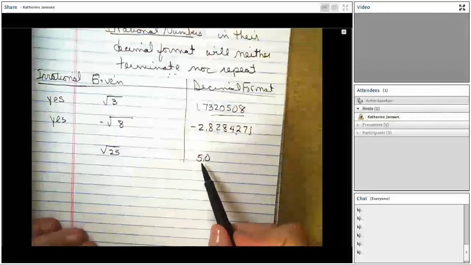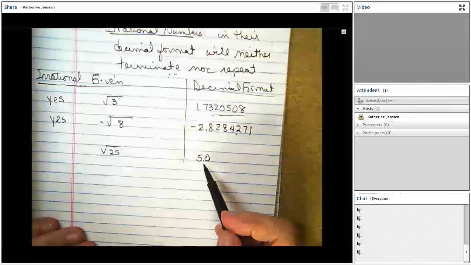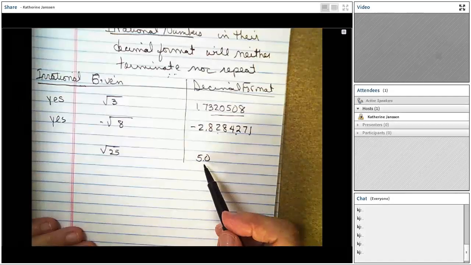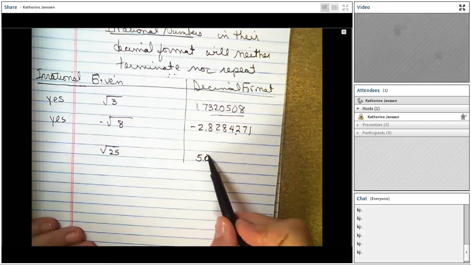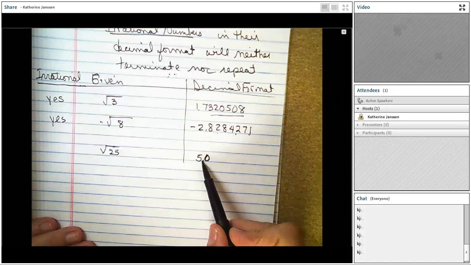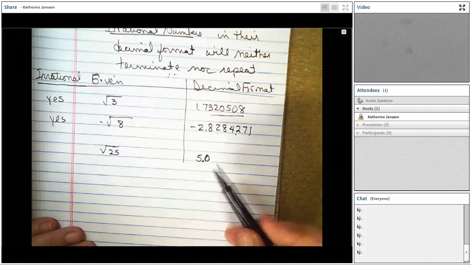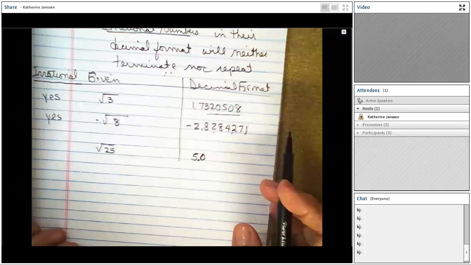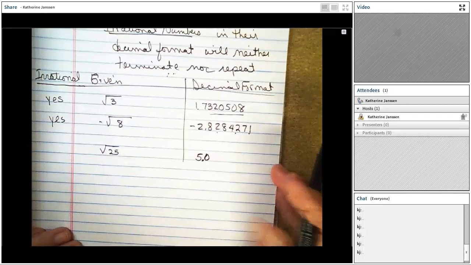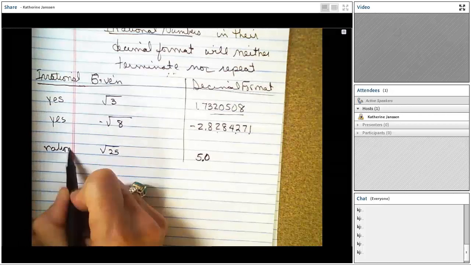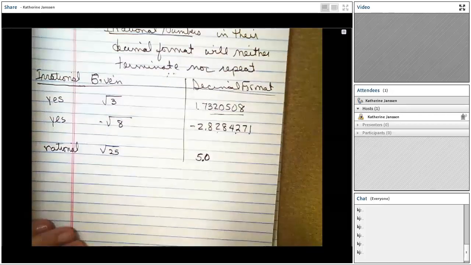And that terminates. This is an integer, 5.0. 5 is a counting number. So it's a rational number, not an irrational number.